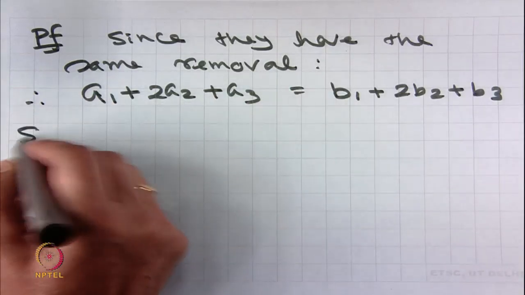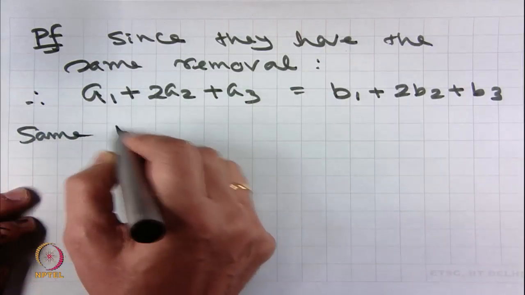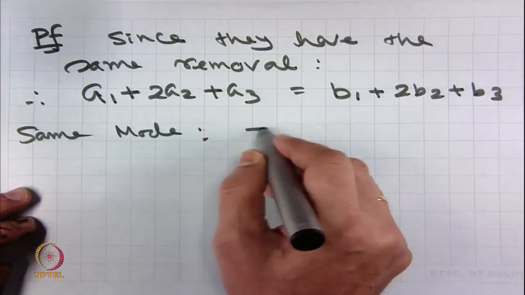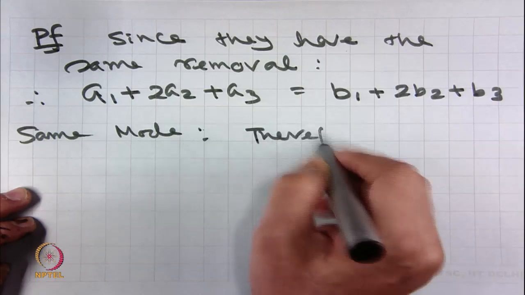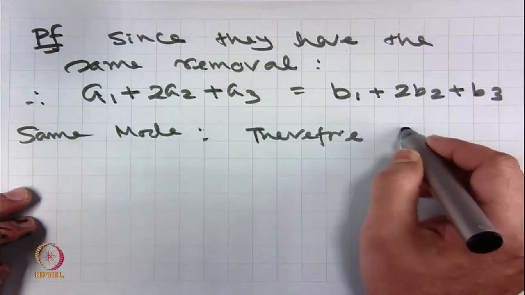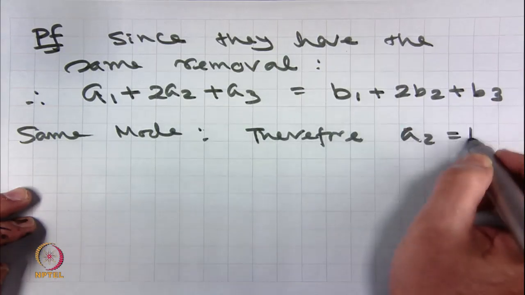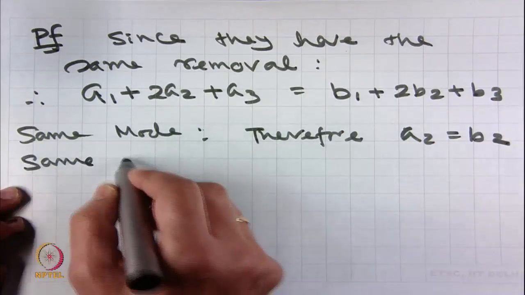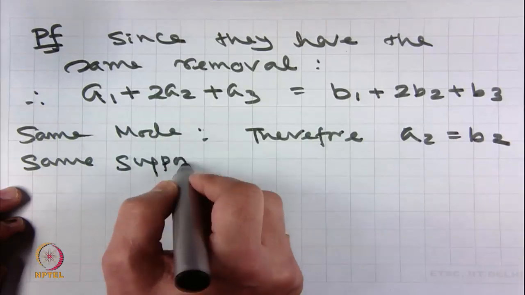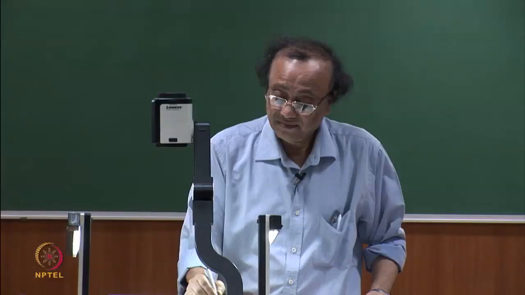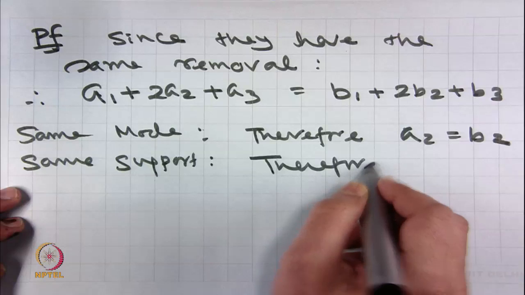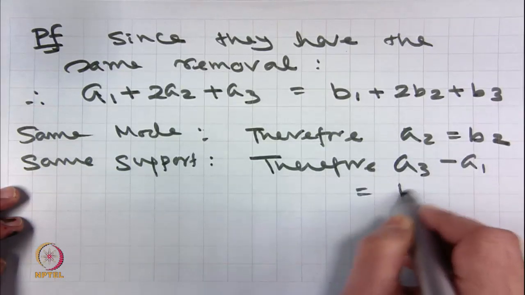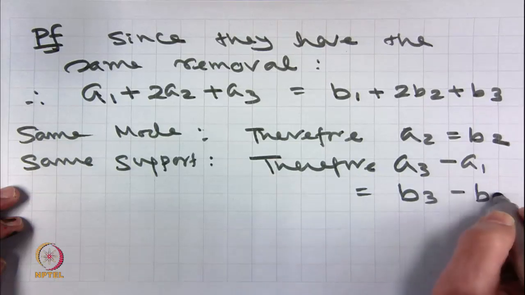Same mode, therefore A2 = B2. Same support, therefore A3 - A1 = B3 - B1.